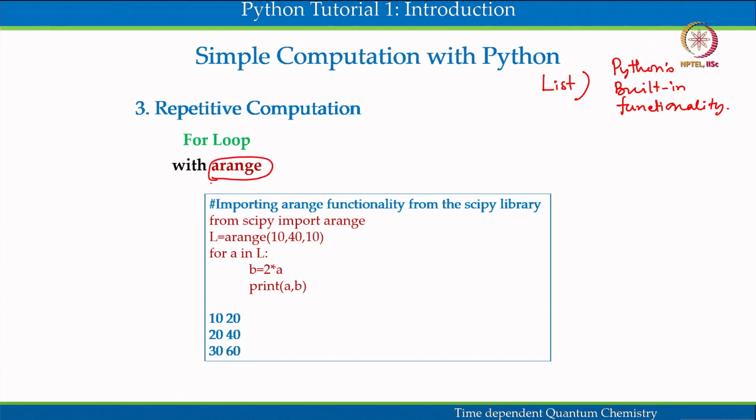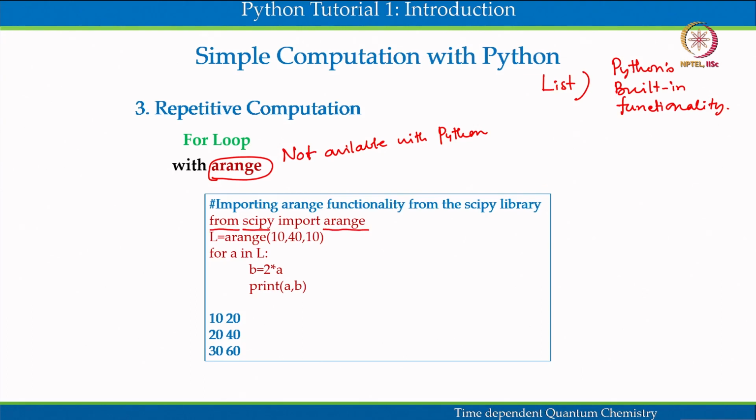This is not arrange, this is called arange, and this arange is not available with Python. So we have to import it, and importing means we will be importing from SciPy. So from SciPy, we'll first import this arange functionality.